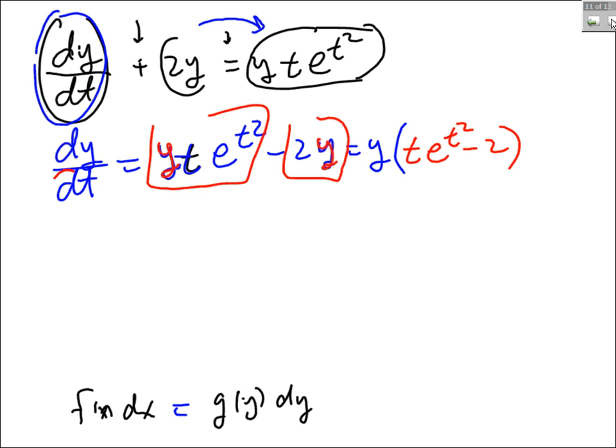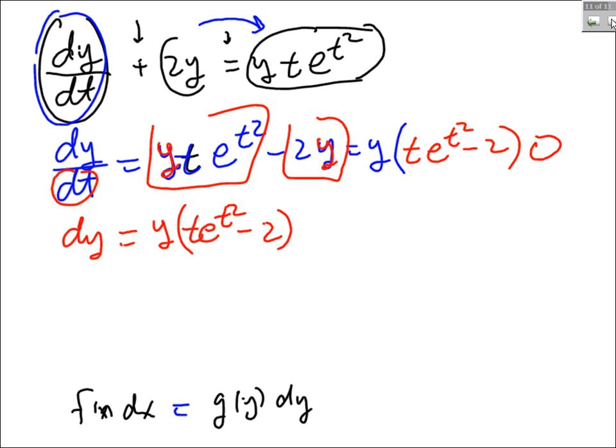Okay, so I'll put this over here. So dy is equal to y times (t e to the t squared minus 2) times dt. And that y is on the bottom. And these two integrals are not very bad.